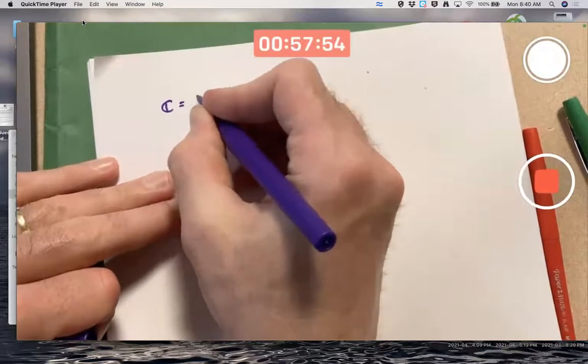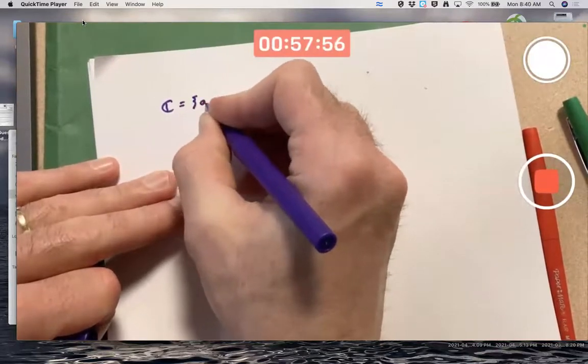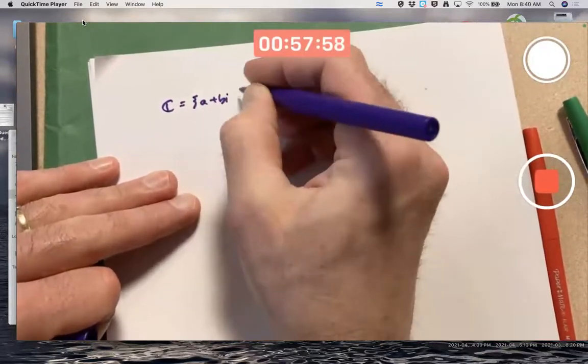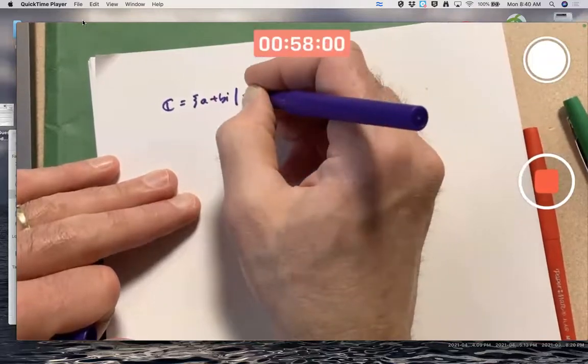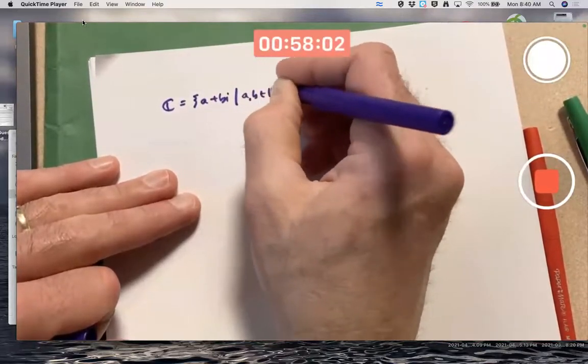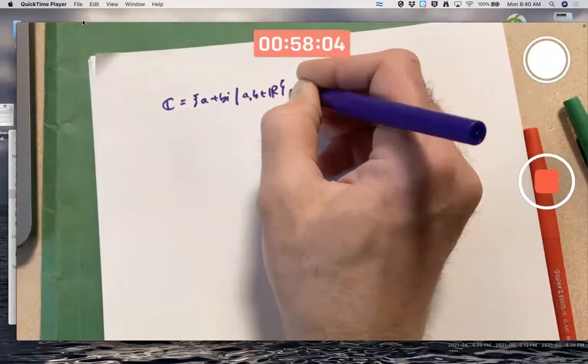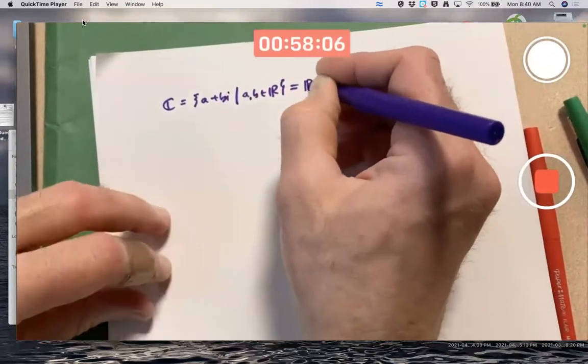C, the complex numbers, all numbers of this form. That is the same, by the way, as R adjoin i.